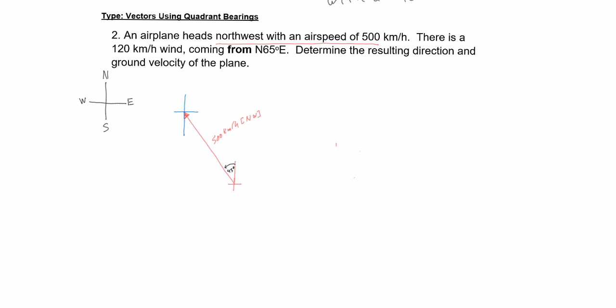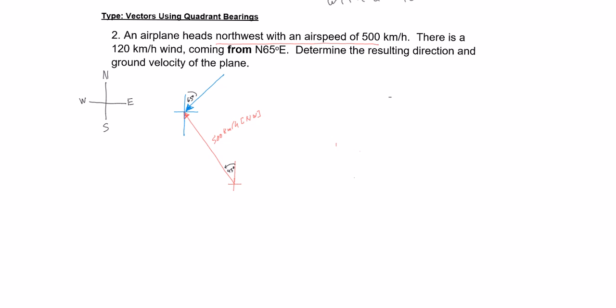So let's have an approximate graph of what that looks like. So this is the direction where the air is flowing. And then essentially, this angle here is 65 degrees.